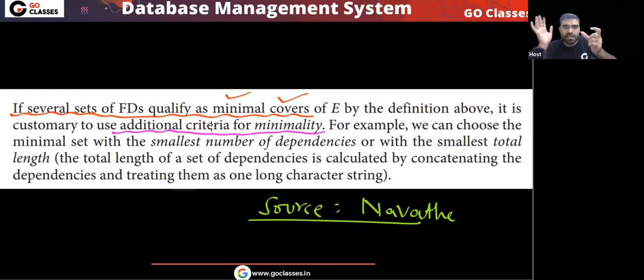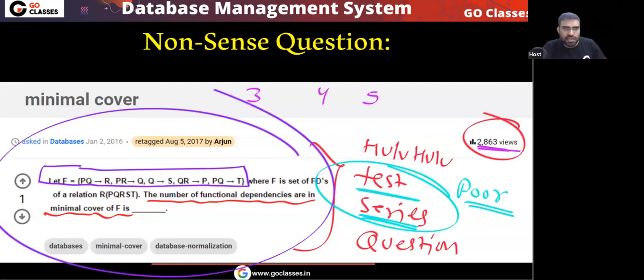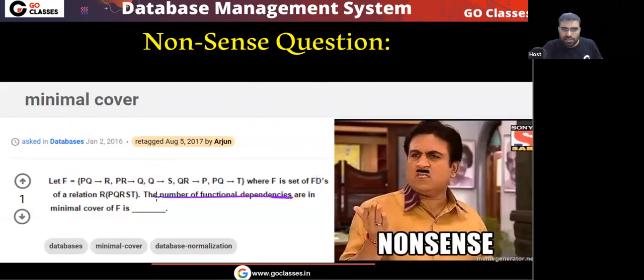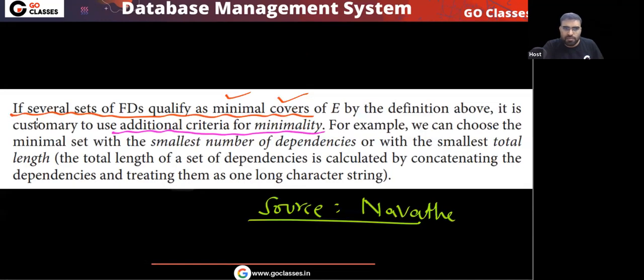This type of additional criterion will be given, so don't worry about it. If they ask you this nonsense question in the GATE exam, they will give you some additional criteria. First of all they will give you a simple question, and then they will define the additional criteria. Is this clear? Please tell me.